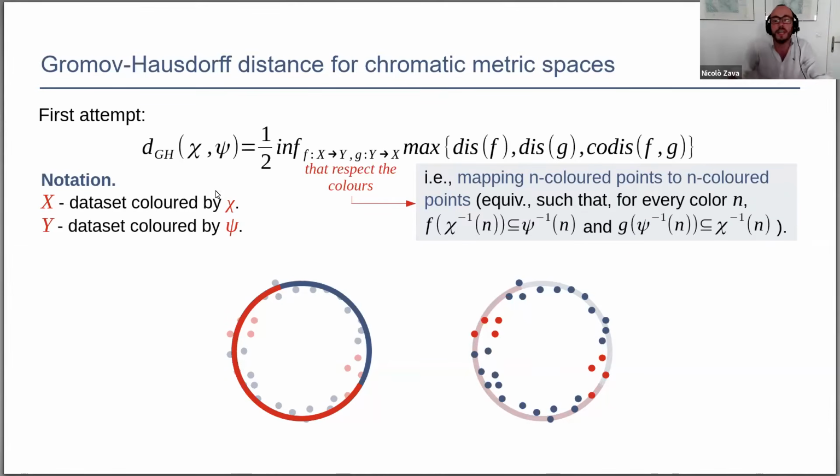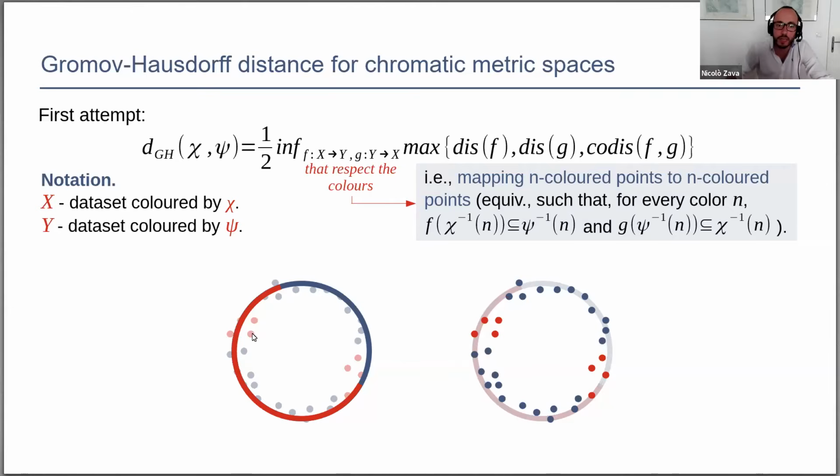So first attempt, let's require that the two maps respect the colors. What do I mean by that? They have to map n-color points to n-color points.